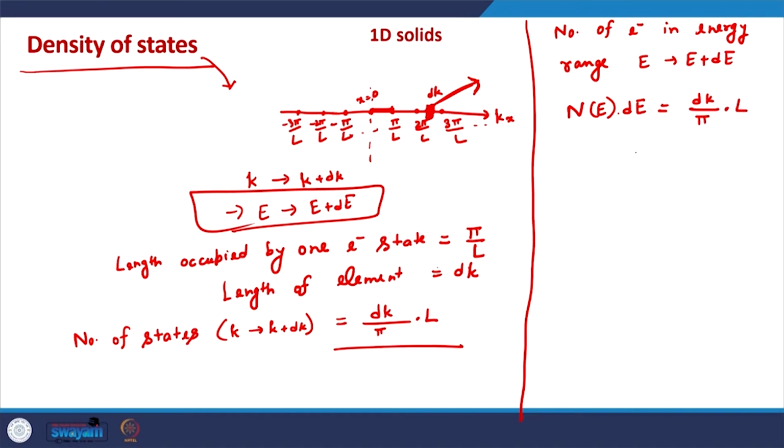And the E-k relationship as we have seen is h bar square k square divided by 2m star, which means that k is square root of 2m star E divided by h bar square.